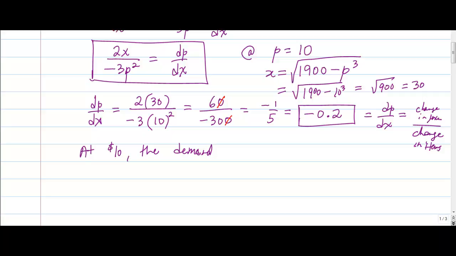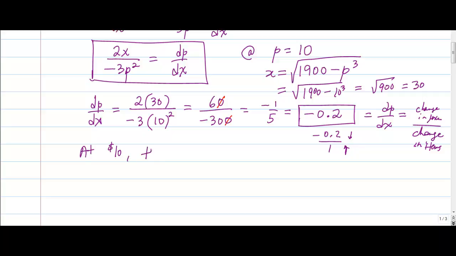Okay. So negative 0.2 is negative 0.2 over 1. So when your product is priced at $10, when P goes down by 0.2, which is 20 cents, X goes up by 1. See? This is negative, so that's going down. 1 is positive, so that's going up.